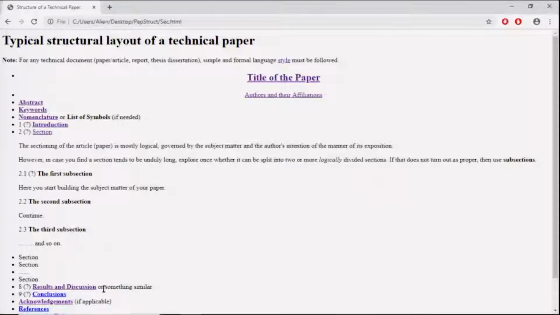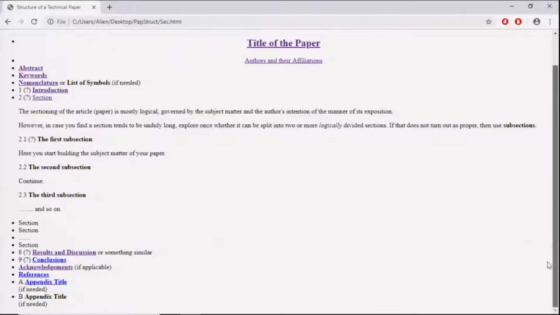Now, you see I have put results and discussion here, but I have also said or something similar, because the title of the section need not be results and discussion. And for that matter, results and discussion need not be covered in a single section. Results may be spread over 3 sections.